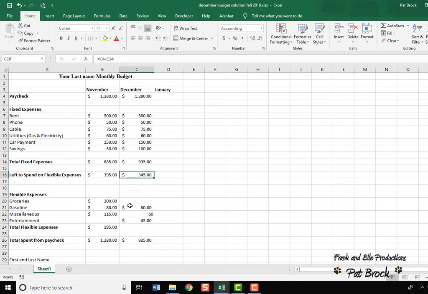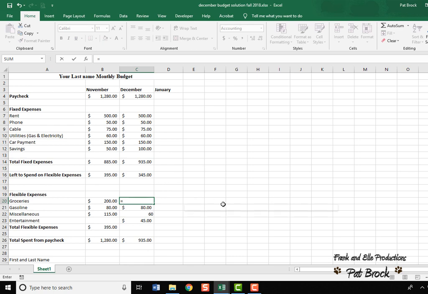So I'll click into the empty cell here and I'll type an equal sign. So I need to figure out how much I can spend on groceries. I already know I only have $345 to work with because that's what's left to spend on flexibles, and that's sitting in cell C16.